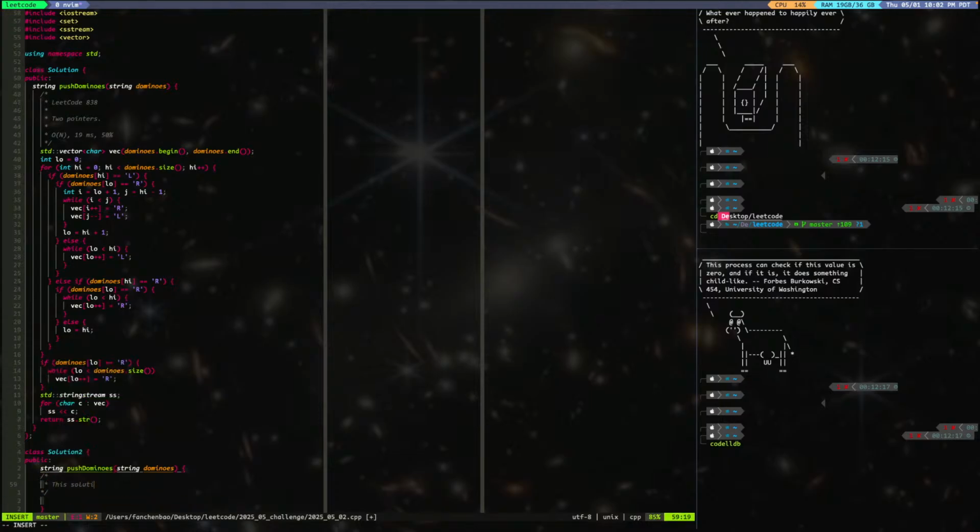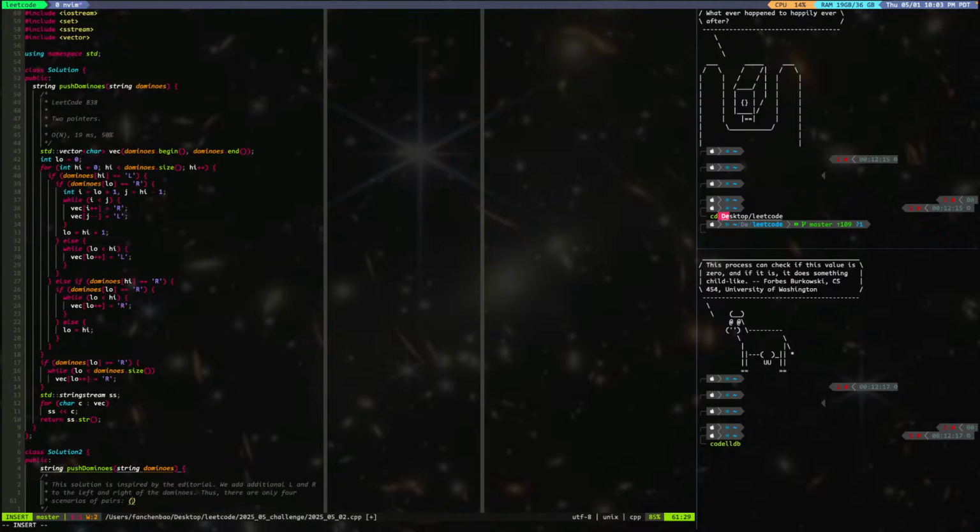So this solution is inspired by the editorial. We add additional L and R to the left and right of the dominoes. Thus, there are only 3 of 4 scenarios of pairs, right?